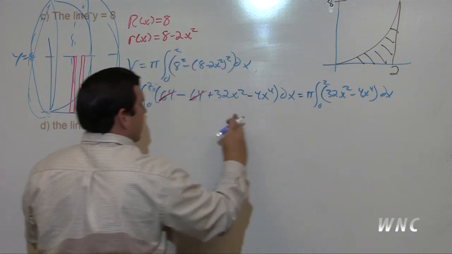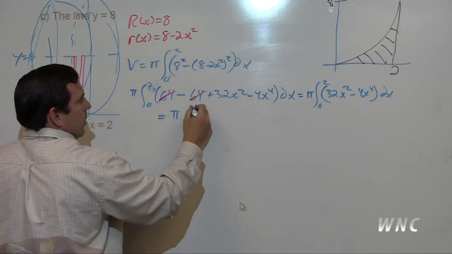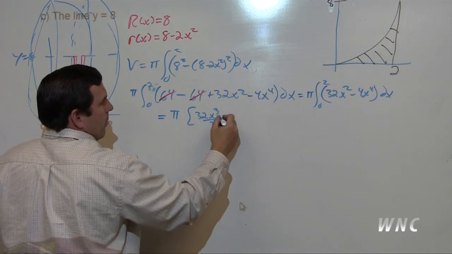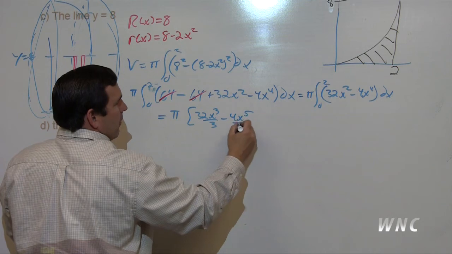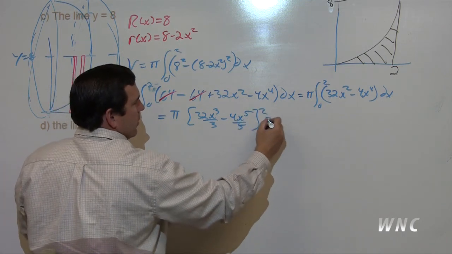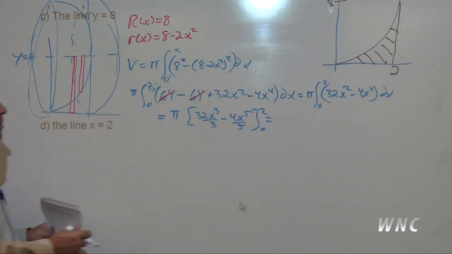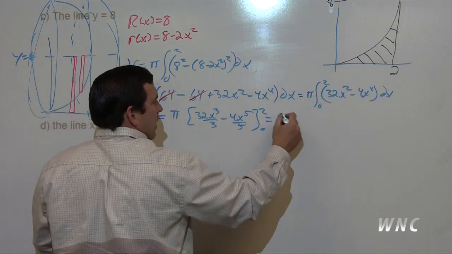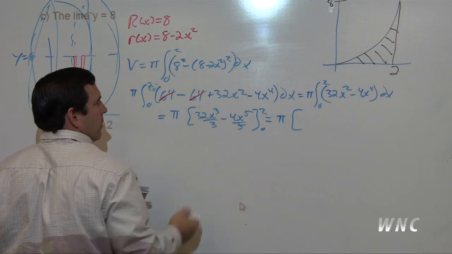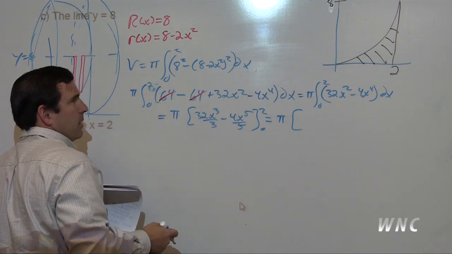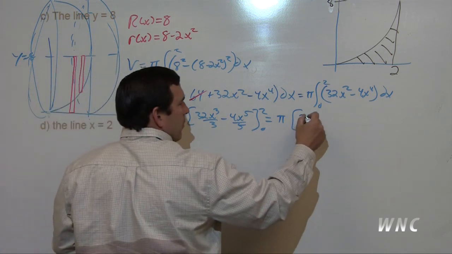Come down here. Pi times what? 32x cubed over 3 minus 4x to the fifth over 5 from 0 to 2. So it's pi times what? Put the 2 in here. 32 times 2 cubed is 8. 32 times 8 is, I think it's 256 over 3.